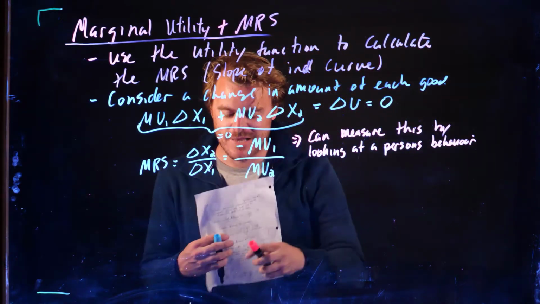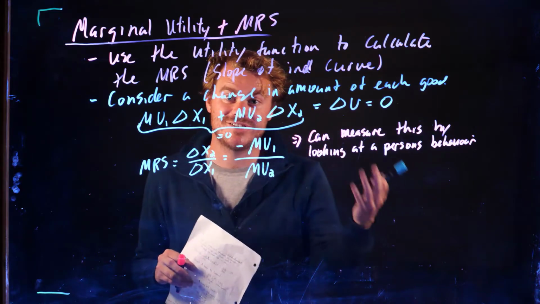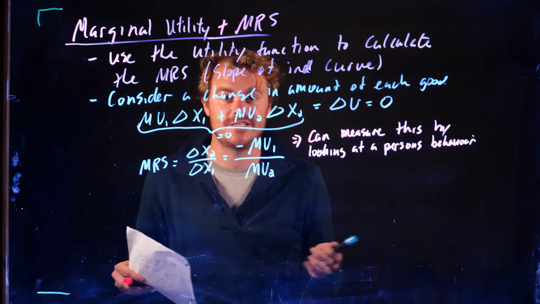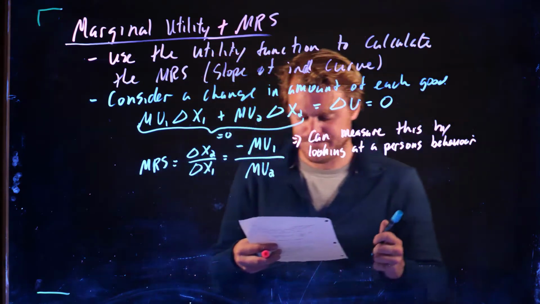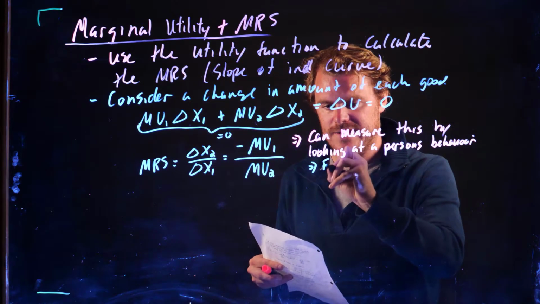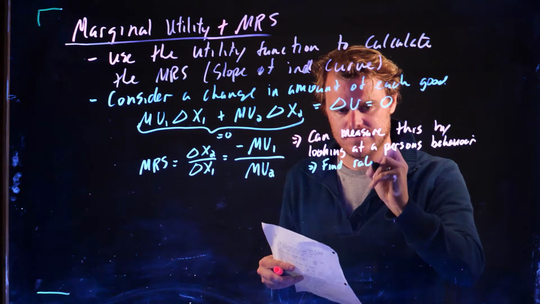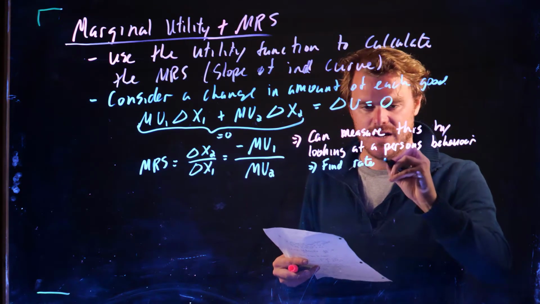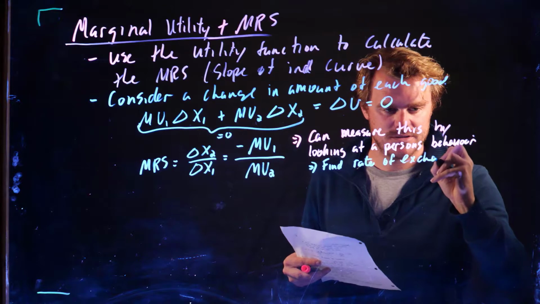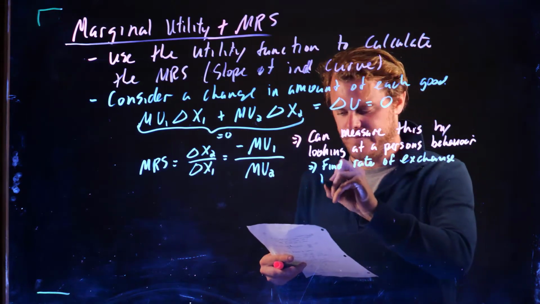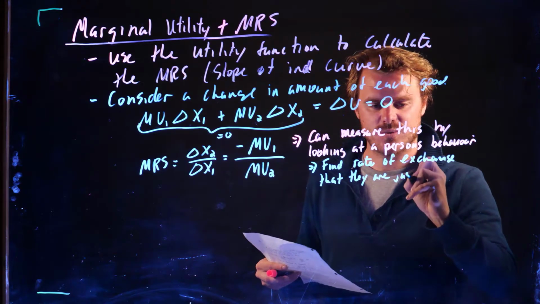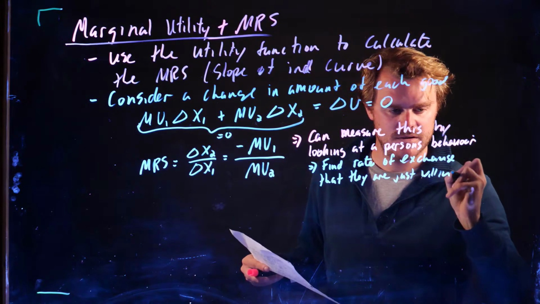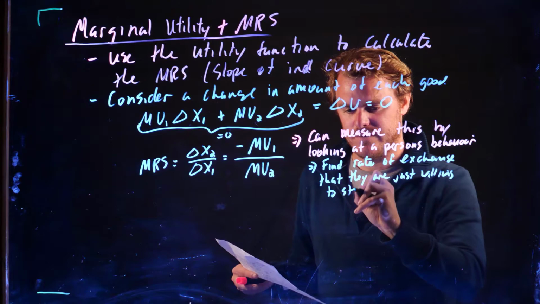Going back to what we learned last chapter, we can find the exchange rate such that they're just indifferent towards trading and not, so find the rate of exchange at which they are just willing to stay put.